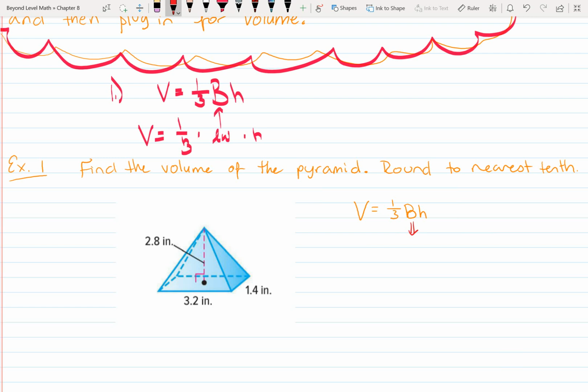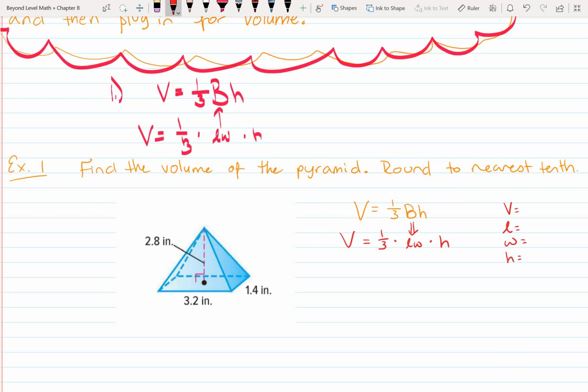So this area of base, I'm going to do length times width. And I'm going to multiply it by the height of the pyramid, and multiply by 1/3, and that all equals the volume. I'm going to do that for every single problem. Now, the next step is to label what we know. So I'm going to write down the volume, the length, the width, and the height.